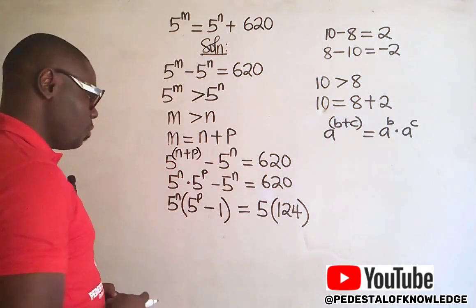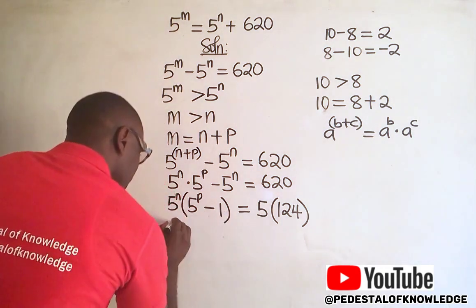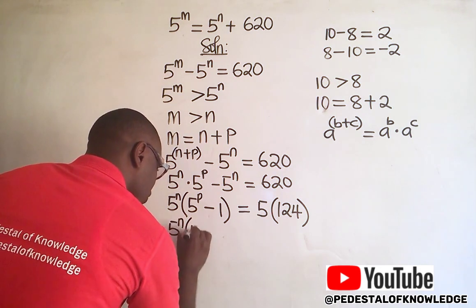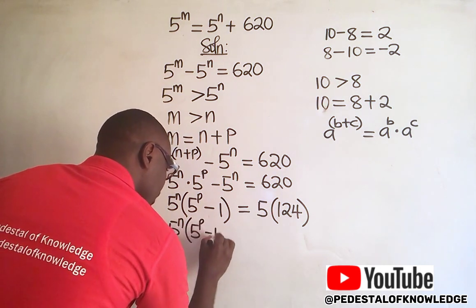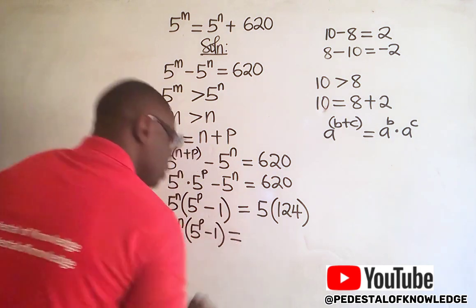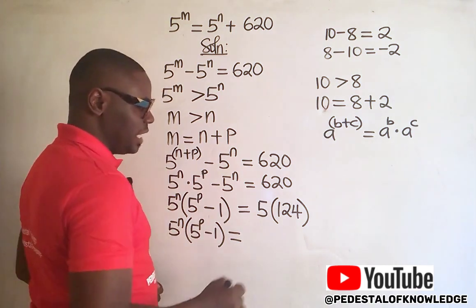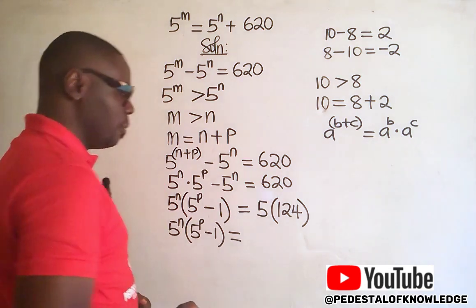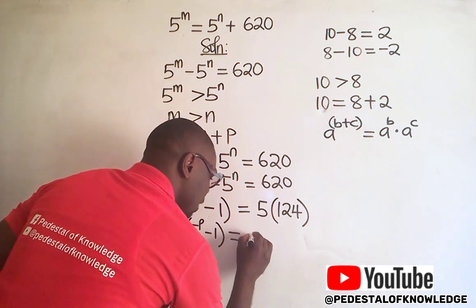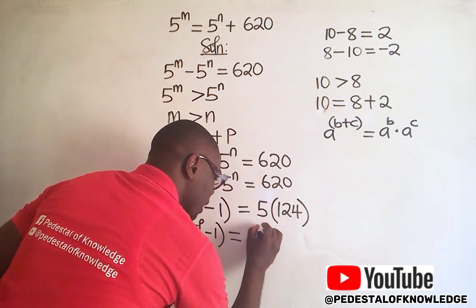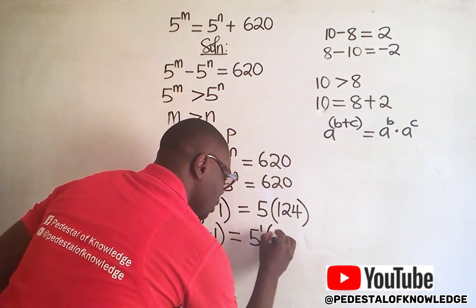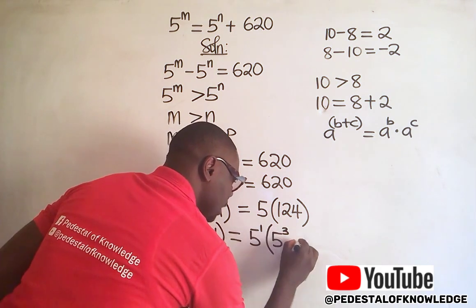Now what we are going to do here is 5 raised to power n into 5 raised to power p minus 1 is equal to, now we are going to express this 124 in index form. So we shall have 5 raised to power 1 multiplied by 5 raised to power 3 minus 1.